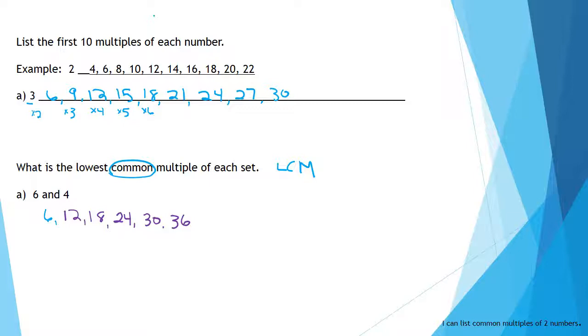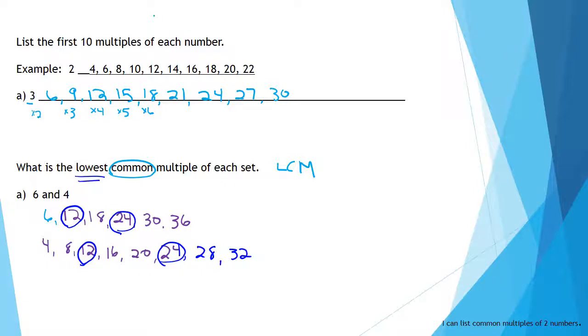The multiples for 4: 8, 12, 16, 20, 24, 28, 32. Now, which numbers are common in both lists? You'll notice there's a 12 here and a 12 here, 24 here, 24 here. Those are the common multiples. The lowest common multiple would be 12.